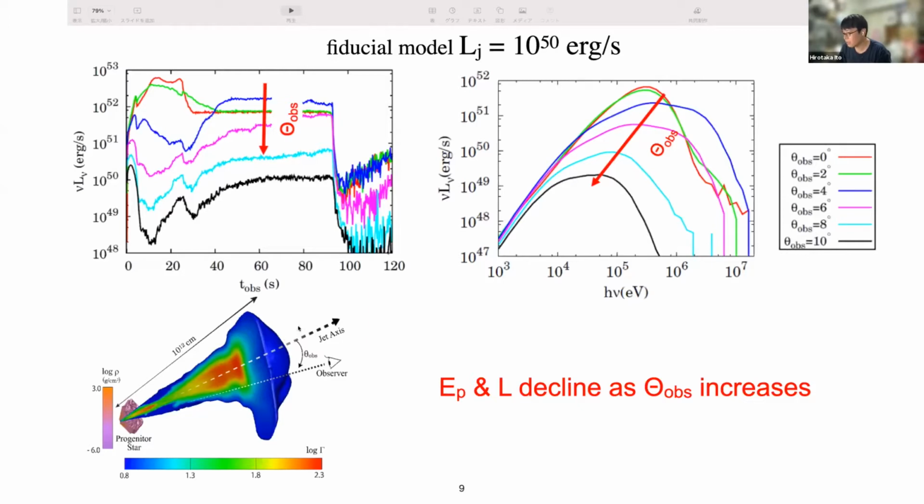When the observer's line of sight is aligned with the core angle, the spectral peak energy and luminosity are insensitive to the viewing angle. But if you go to a larger viewing angle and start to see the wing region, the peak energy and luminosity sharply decline with the viewing angle. This viewing angle dependence results in a correlation between these two quantities.